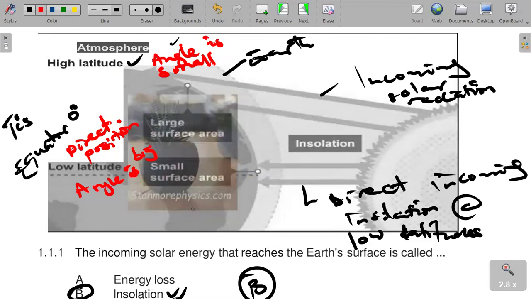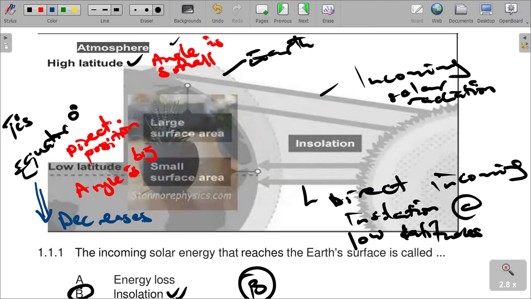As the distance increases from the equator, the more we go down, the solar energy or incoming insolation decreases. It decreases with the distance from the equator.